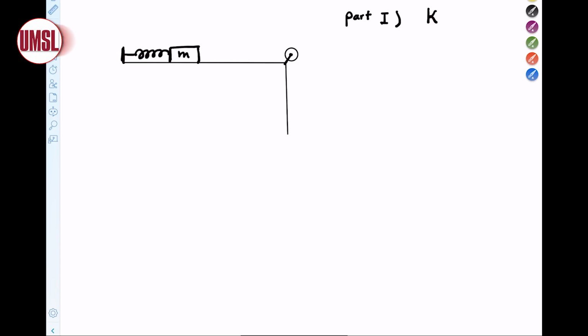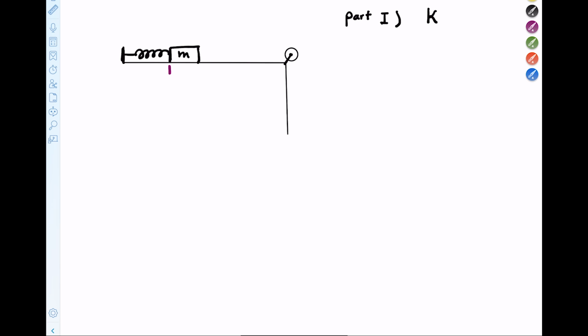In order to do that, the first thing we need to do is to mark where the relaxed position of the spring system is. Let's say that we can measure the relaxed position of the spring to be somewhere here.